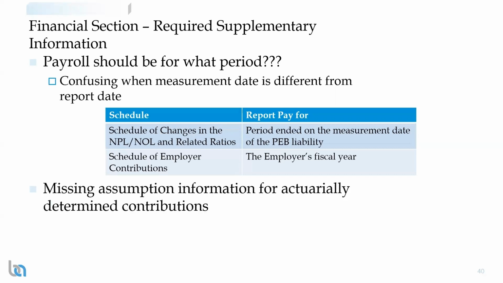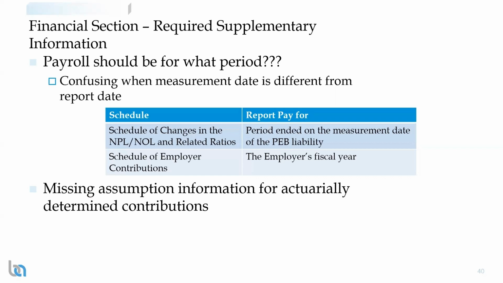Also common is missing assumption information when your contribution requirements are actuarially determined. If your contribution requirement is actuarially determined, regardless of whether it's contractually required or not, you should be presenting the actuarial assumptions that drove the calculation of what you needed to contribute. These assumptions may be different from the assumptions used to calculate your liability.